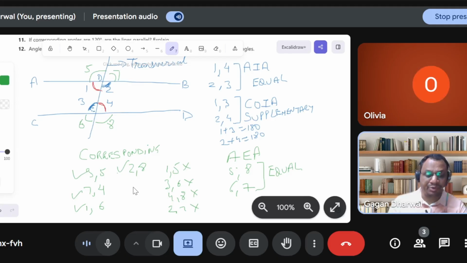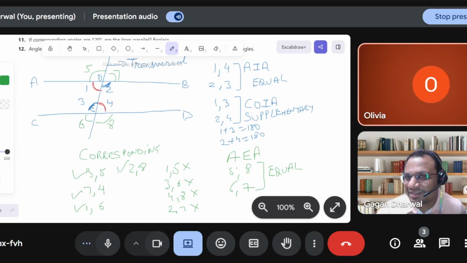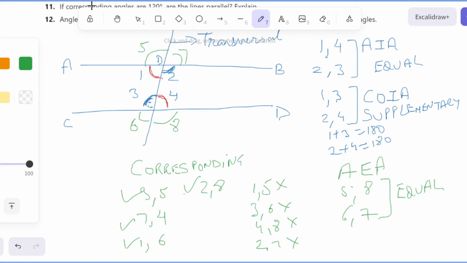Then we covered corresponding angles, one inside, one outside the parallel lines, but they shouldn't be linear. They shouldn't be lying just next to each other, and they are equal, just like alternate interior angles. And we learned about alternate exterior angles. They lie outside the parallel lines, but not on the same side. They are also always equal. Make sense? Now we can do the question.